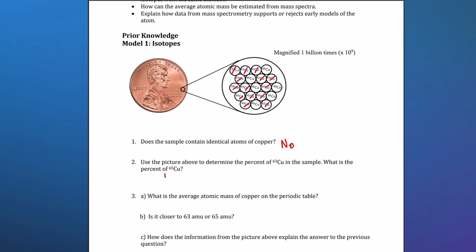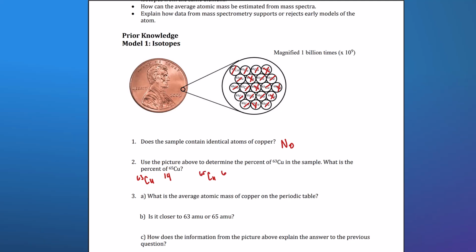So we have 14, and this is going to be copper 63. And we have 1, 2, 3, 4, 5, 6 copper 65.